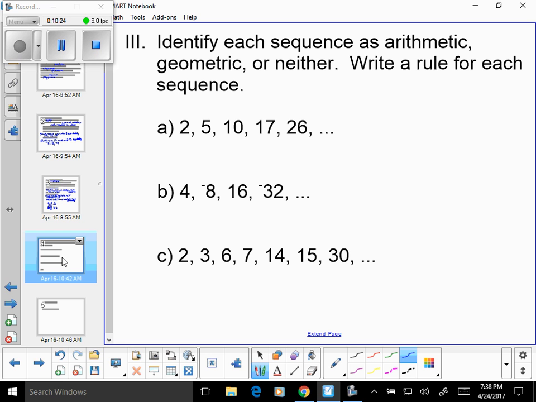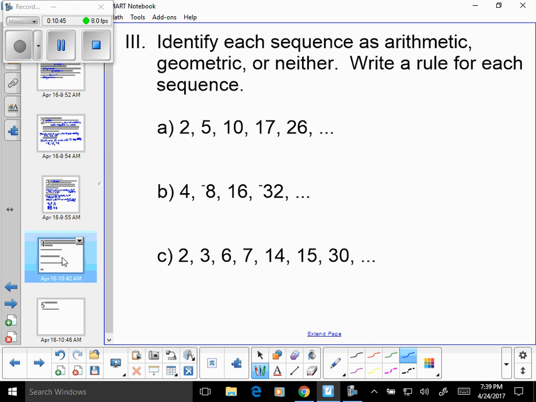We're going to identify it first of all, whether it's arithmetic, do we add something every time, or geometric, do we multiply by the same number every time, or neither, which means we either don't add the same number every time, or we don't multiply by the same number every time. And then we're going to have to write the rule.